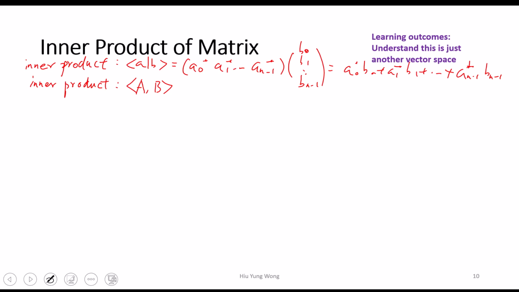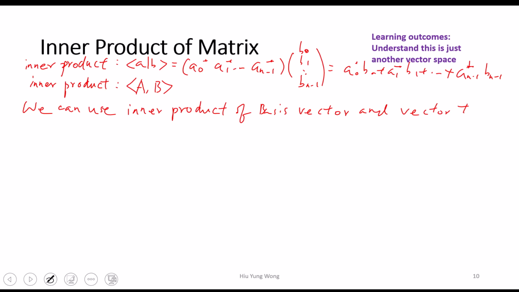I just want to relate this to this. Remember, we can use the inner product of the basis vector and a vector to find the components. We can use either the projection operator or just find the components.